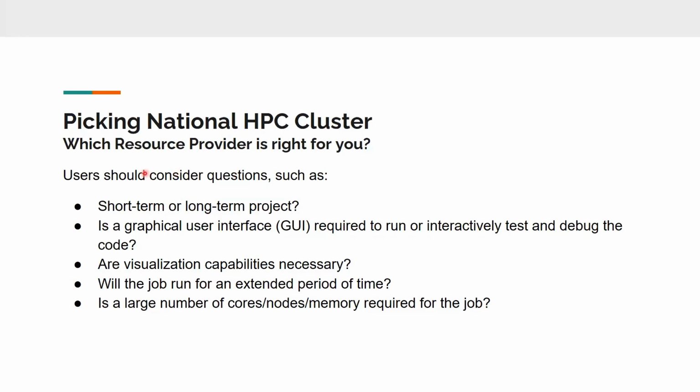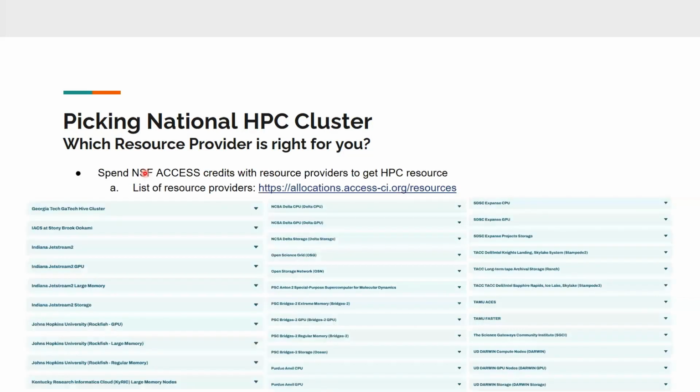There's Expanse, there's Pittsburgh Supercomputing Center's Bridges, Texas Advanced Computing Center, TACC. There are a lot of these different resources, and here is a list of all of the nationally available resources. So it's a lot, and the question is, how do you pick the one that is right for you?